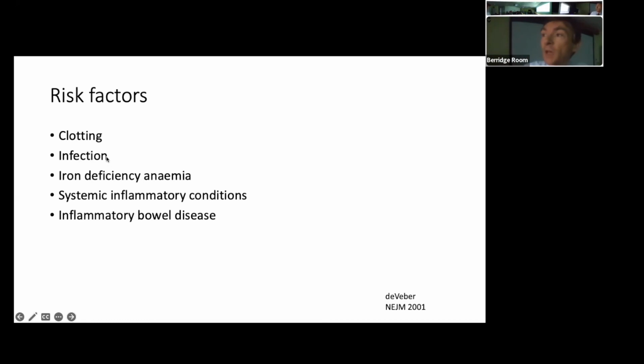So I guess the commonest underlying causes relate to abnormalities of clotting and underlying infection. The clotting abnormalities are really the same that you see elsewhere in the body.